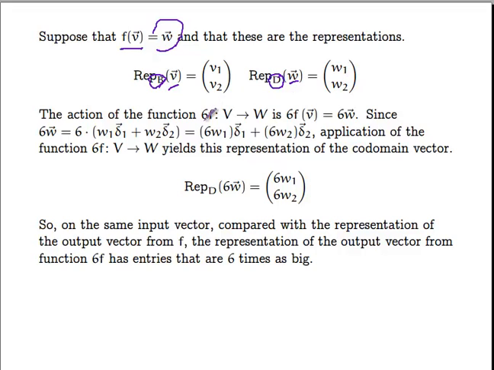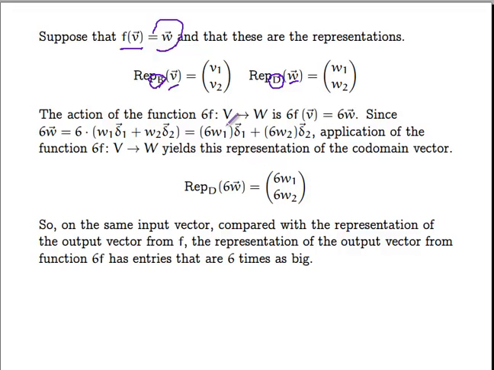Now, consider the function 6 times f. Well, 6 times f operating on v will give me 6 times w. Okay? 6 times w can be written in terms of the d basis in this way, where w1, w2 is the representation.